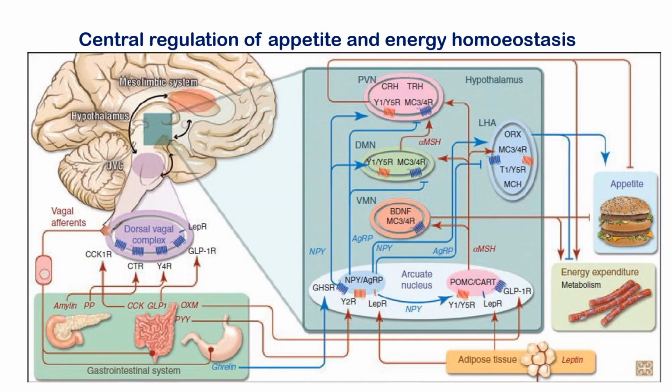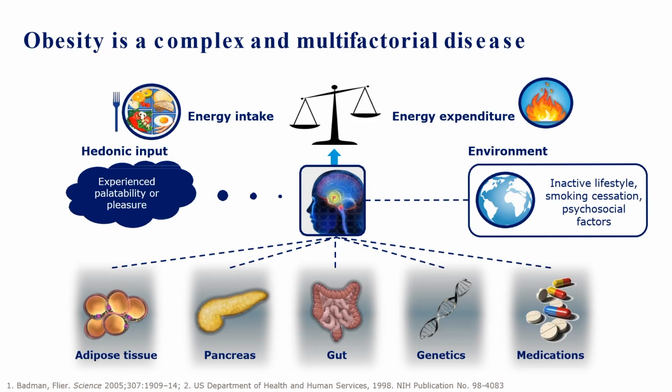However, what has become abundantly clear is that the central regulation of appetite and energy homeostasis is a very complex situation. And I'm not going to go into detail here, but it is a combination of the brain, of sensations, the pancreas, the gut, and the stomach, all of which are producing a myriad of different protein regulatory factors. In the past, obesity was looked at fairly simply.